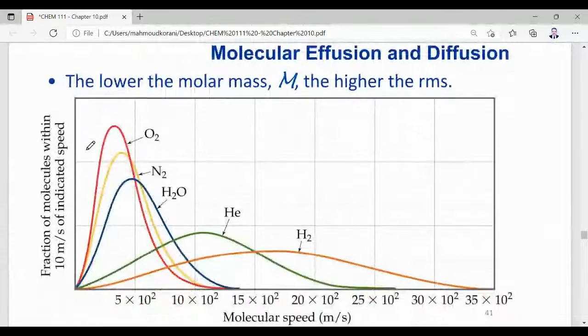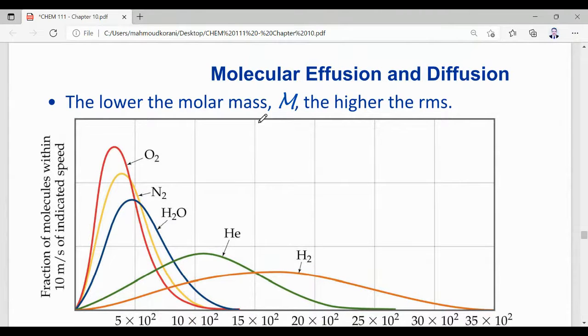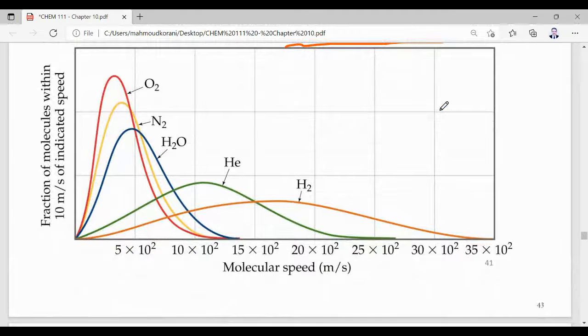As I mentioned, the lower the molar mass, the higher the RMS. You can look here. If you go in this direction, you will find the molar mass decreases.